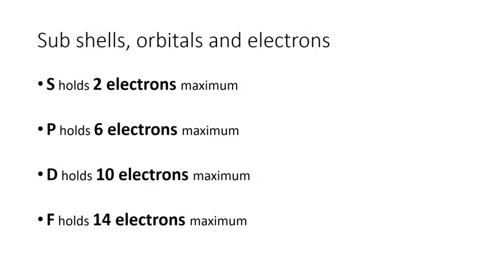For doing electron configurations, we need to remember that subshells have orbitals, and that each type of subshell can hold a maximum number of electrons. S holds a maximum of 2, P can hold a maximum of 6 electrons, D 10 electrons, F 14 electrons.